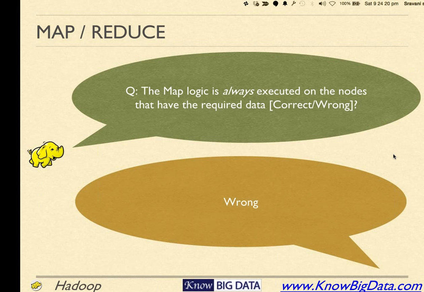The work will automatically get rerouted to another machine which is up and has the data. Or if none of the machines which have the data is available, then the machine which is closest to the one which has the data will get the work.